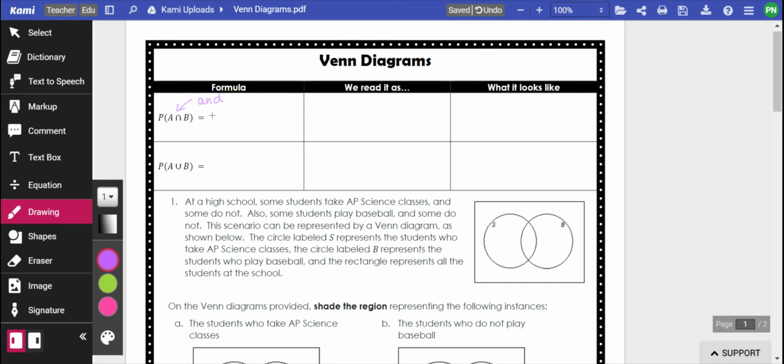And our formula for this is going to be the probability of A plus the probability of B occurring. So again, we're going to read this as probability of A and B.